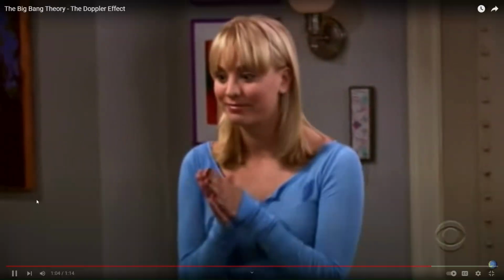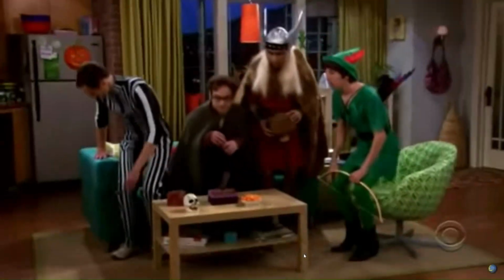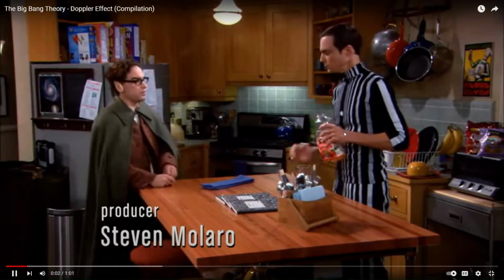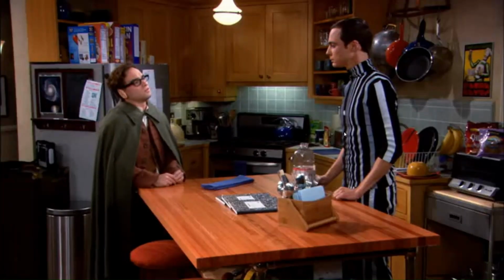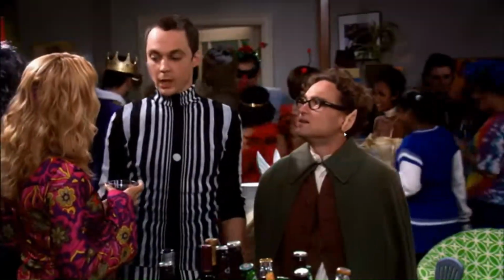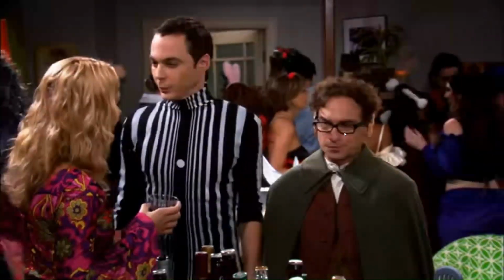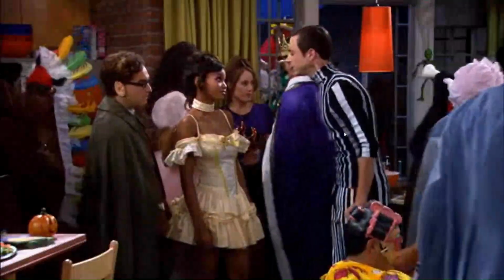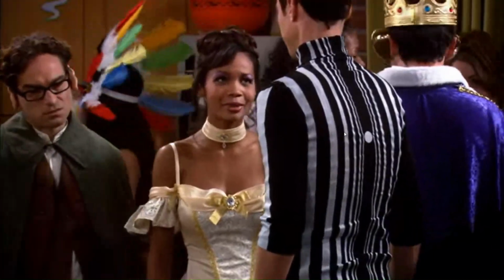Meow. So what are you supposed to be? I'm the Doppler effect.